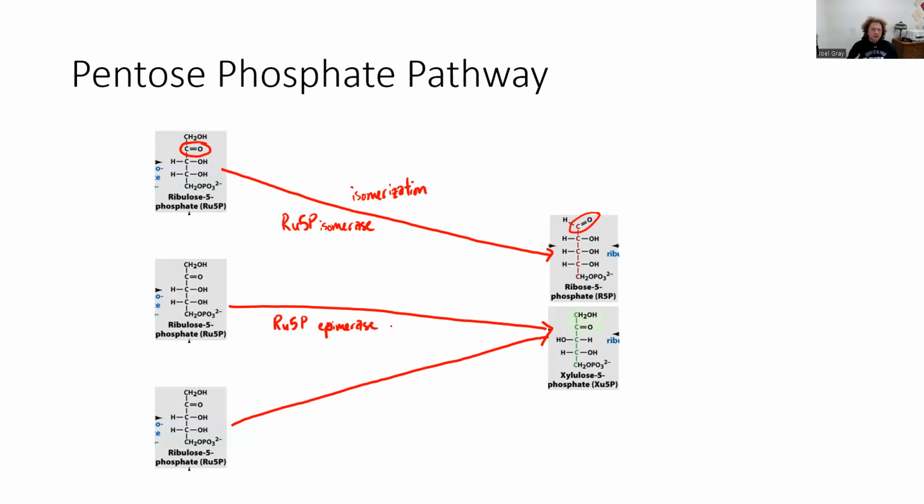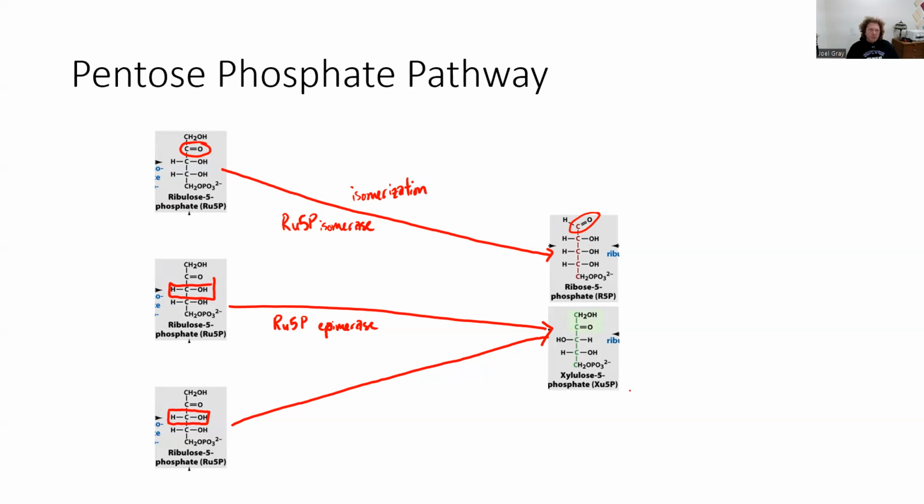So ribulose 5-phosphate epimerase is going to take carbon number 3 right here and epimerize it, moving our hydroxyl group from the right-hand side to the left-hand side. And in the process, we're going to make a molecule known as xylulose 5-phosphate.